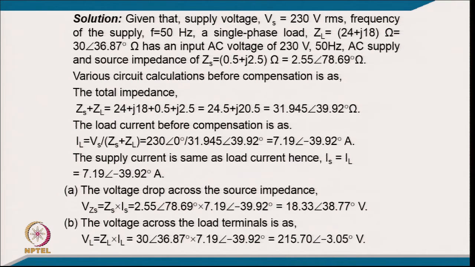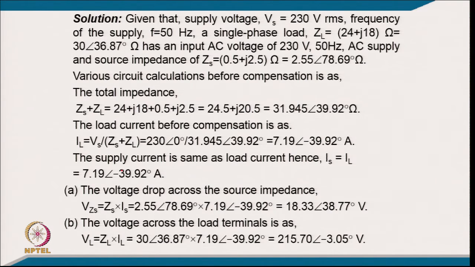Various circuit calculations before compensation: total impedance is ZS plus ZL, and that comes to around 39.945 at the angle of 39.92, and the load current before the compensation is Is equal to Vs upon Zs plus Zl, and putting in the values it comes to 7.19 at the angle of minus 39.92.